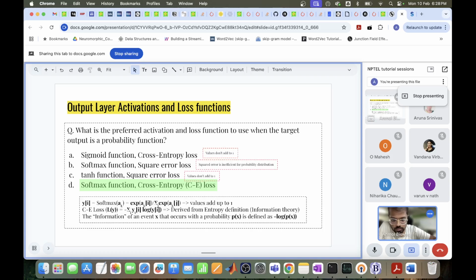Like I said, you can discount all of this. Values don't add to 1, values don't add to 1. Squared error is inefficient for probability distributions, because it treats them as generic functions and tries to minimize the distance between those functions, but they are not generic functions.